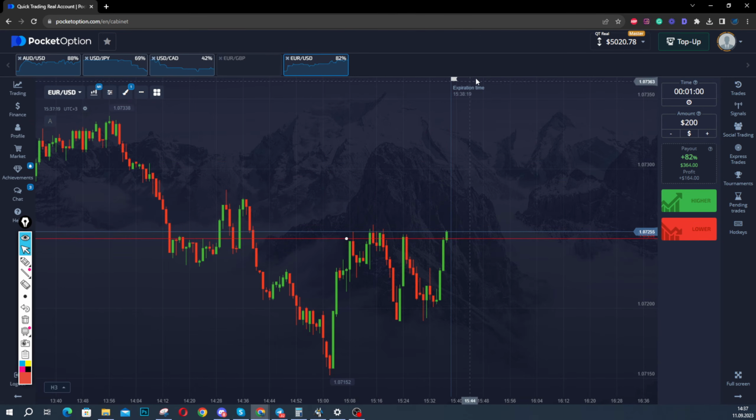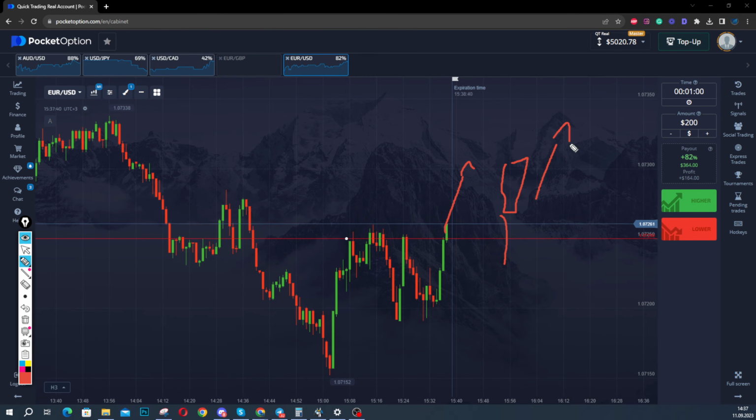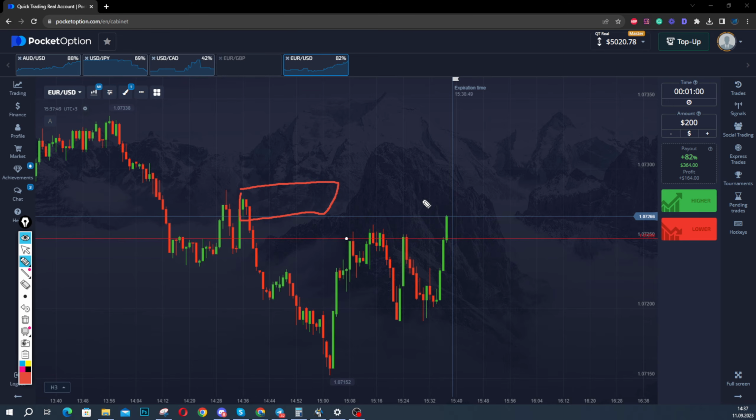Yeah, seems like the uptrend will continue, so maybe we have another trade here. If the market goes up, then makes a pullback with a wick, we go up. Simple as that. Now we have the breakout. I'm sure the market will go up here.